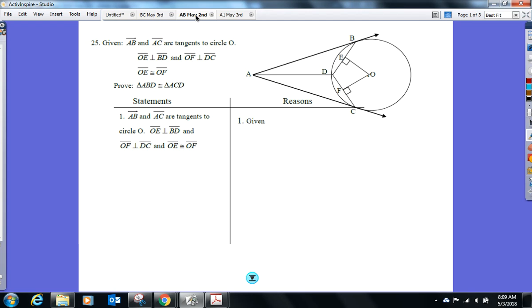Okay, 25. Tangents, perpendicular lines, and OE is the same as OF.